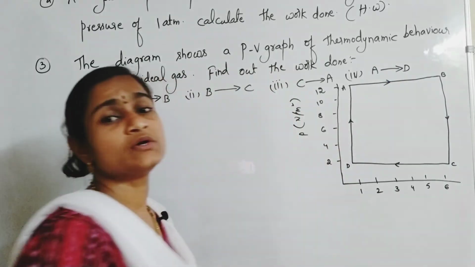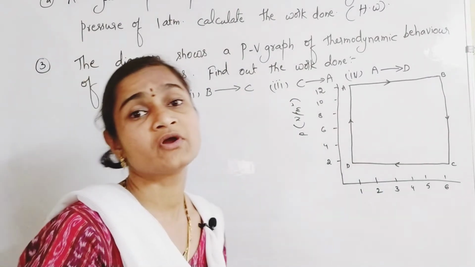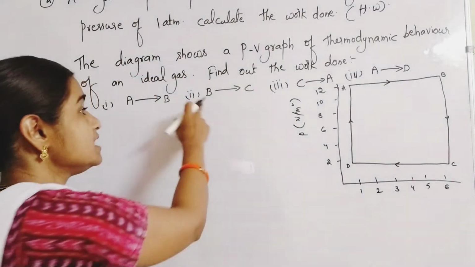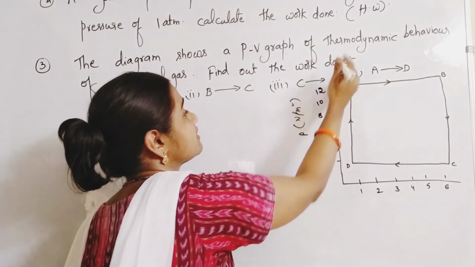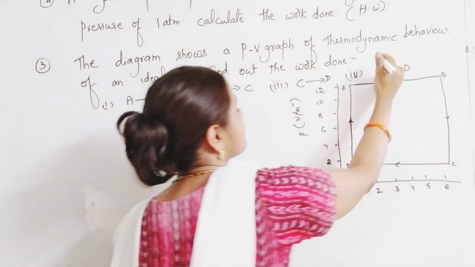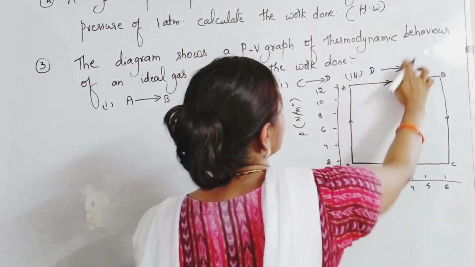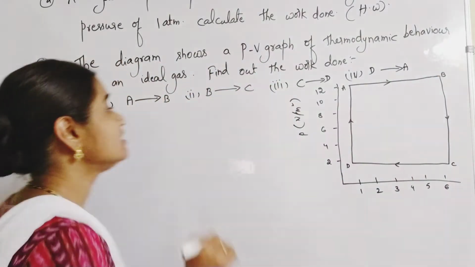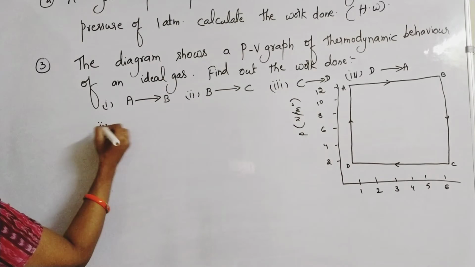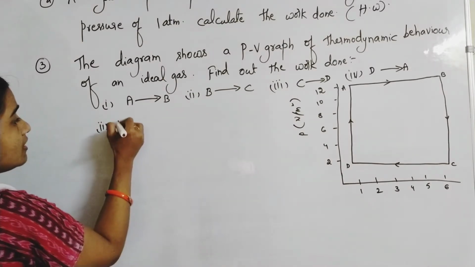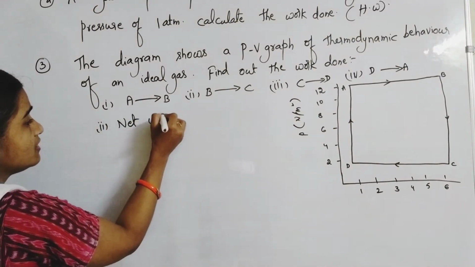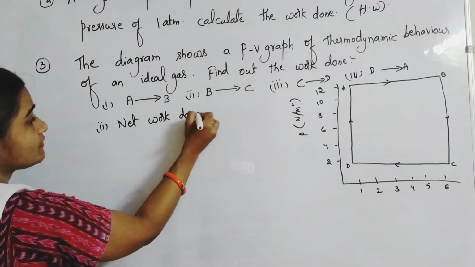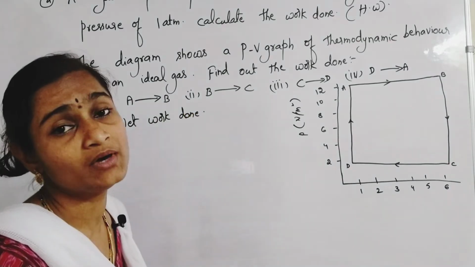We have to find the work done in the process A to B, B to C, C to D, D to A, and also the net work done on the total system.